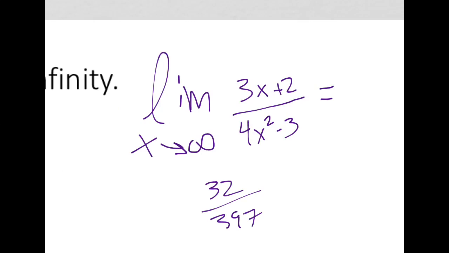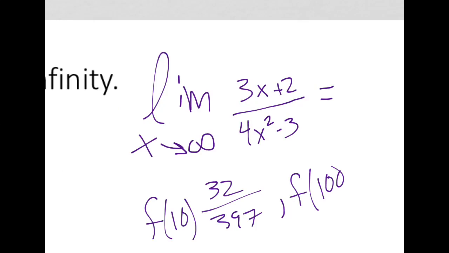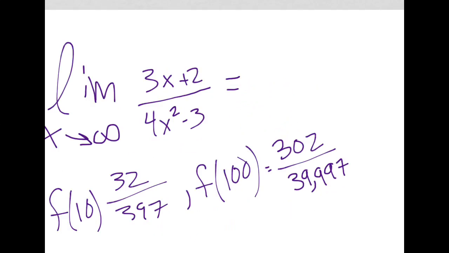So that's a pretty small fraction when we're at the x value of 10 already. But let's think about the x value, say, 100. So if we do f of 100, we get 302 over 39,997, which is an even smaller fraction than 32/397 by a large factor.